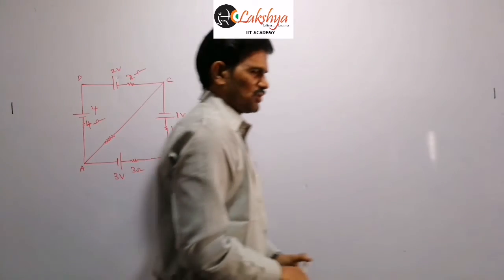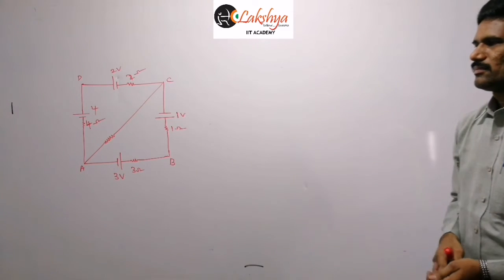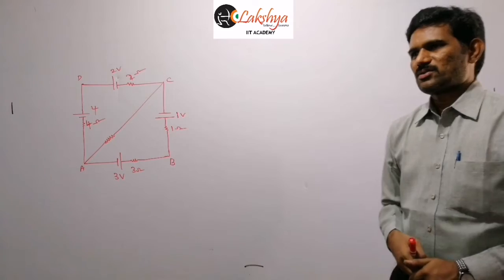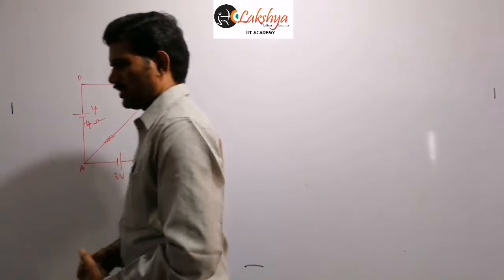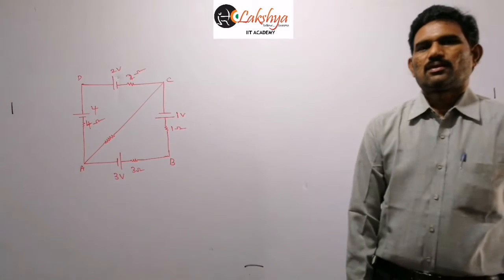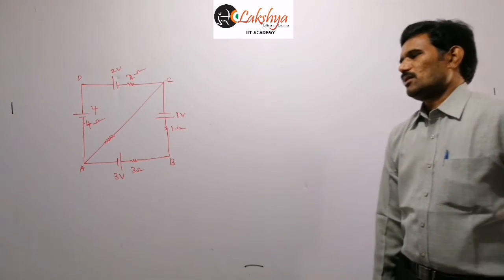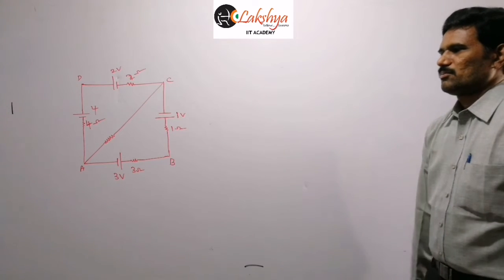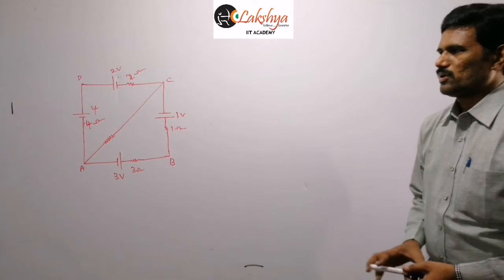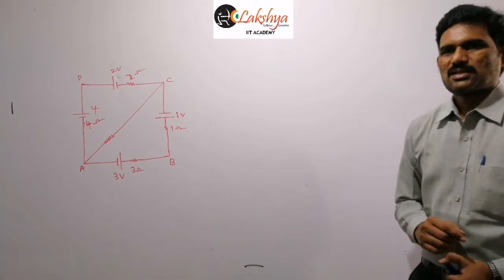The circuit shown in figure. In the circuit shown in figure, find current in different branches, and also find potential difference between the points B and D. Potential difference between the points A and C.